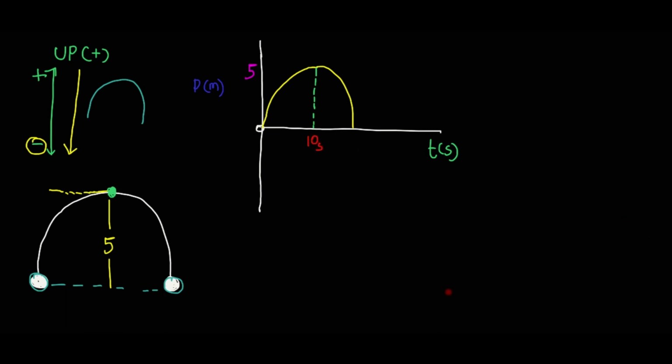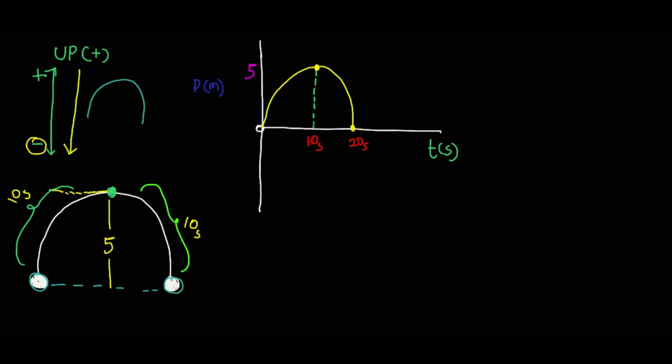And because this object lands at the same level where you threw it from, the time it takes to go up is equal to the time it takes to come down. This means if this object takes 10 seconds to go up, it will take 10 seconds to come down. So here we will have 20 seconds.